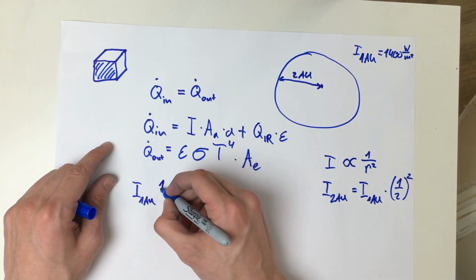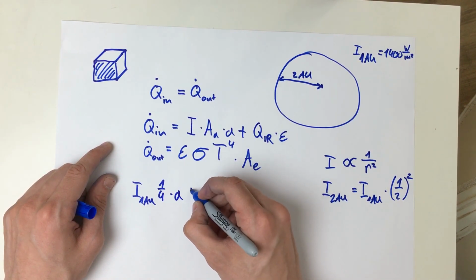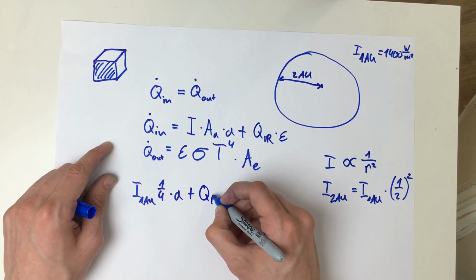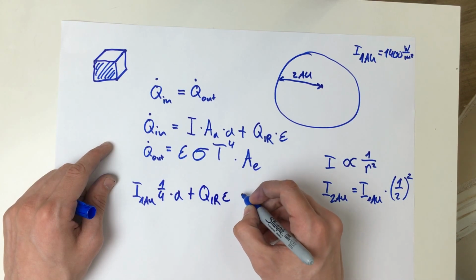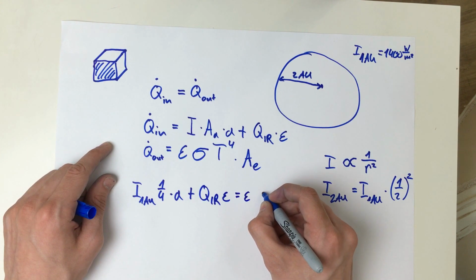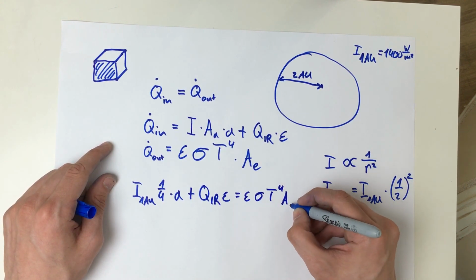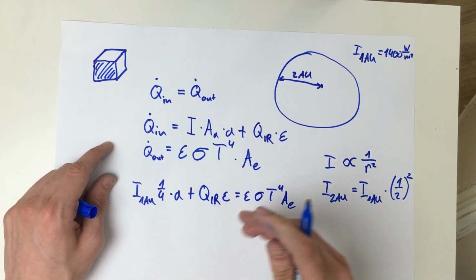So that's going to be 1/4 times the absorption plus Q IR epsilon. That is equal to the output, which is equal to epsilon times the Stefan-Boltzmann constant times T to the 4th, and the area of emission.